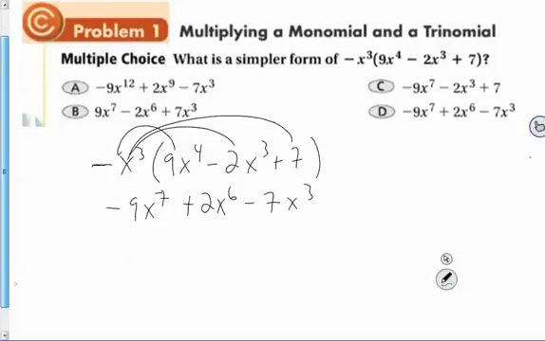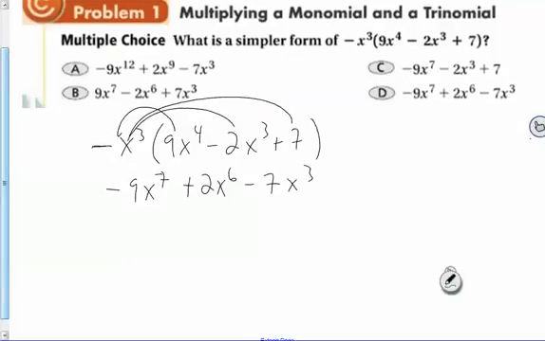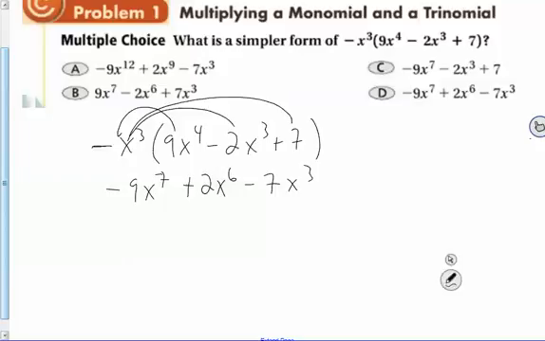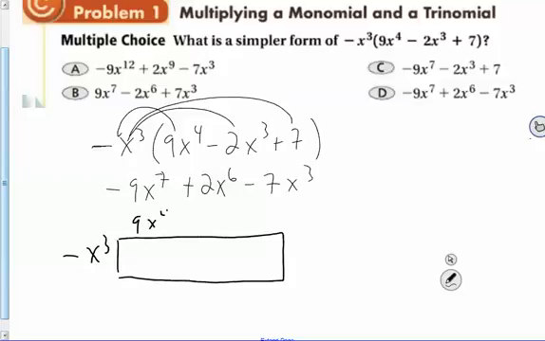But here is yet another way that you could totally do it. It's a little bit better. I'll show you this. I'm going to go negative x cubed, and then I'm going to do this. It's like a rectangle. So 9x to the fourth, negative 2x cubed, and 7 like that.